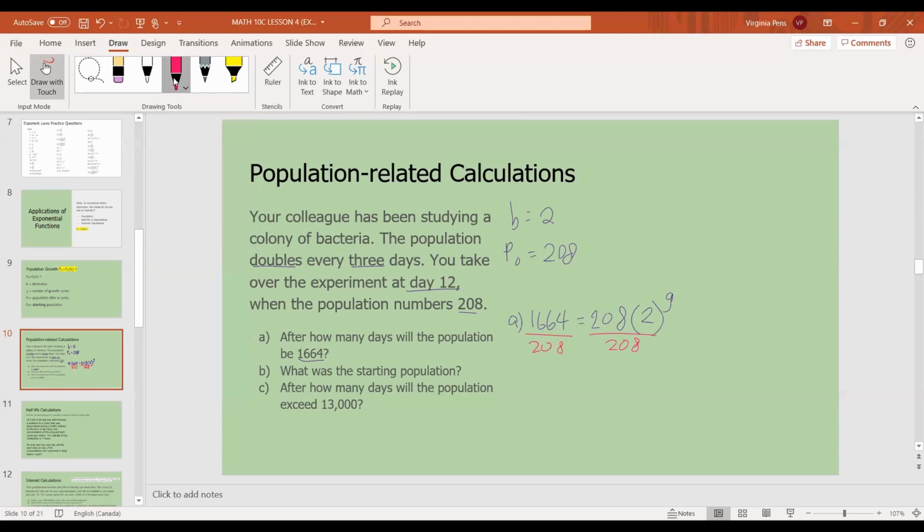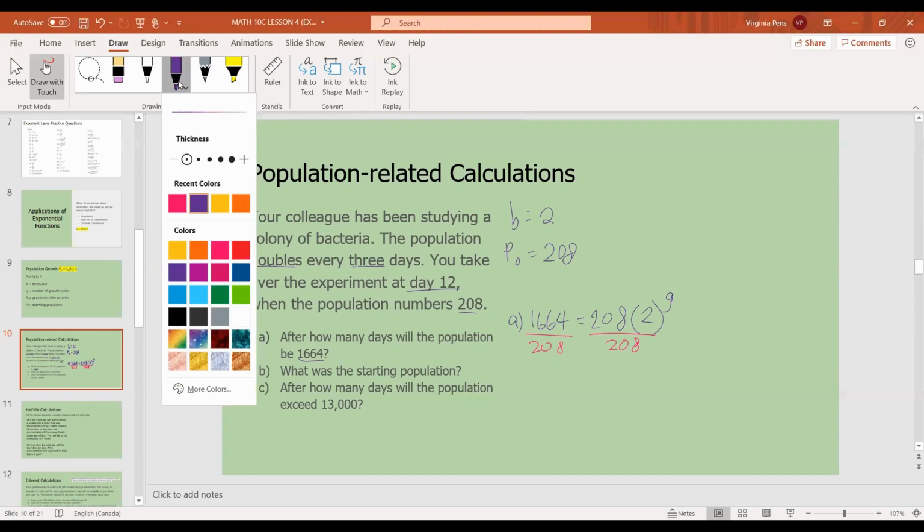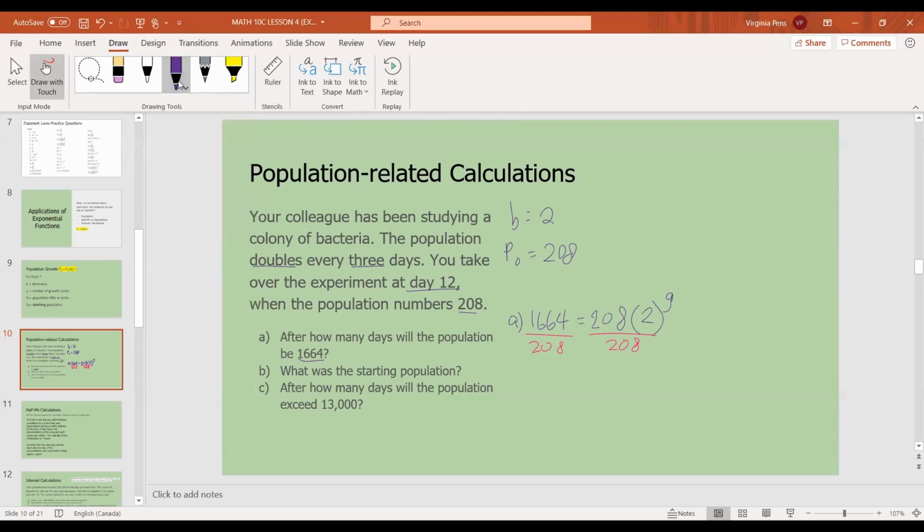This will leave us with 1,664 divided by 208 is equal to 8. 8 is equal to 2 to the G.